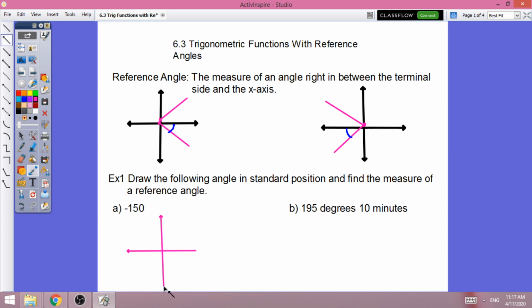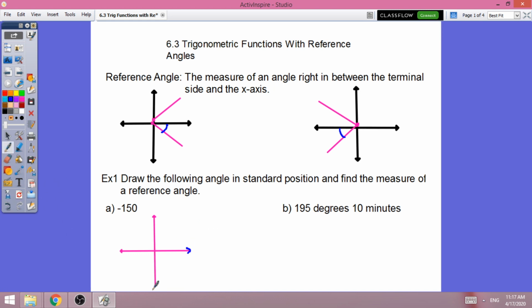Negative 150 means we're going clockwise. It goes 0, negative 90, negative 180, so negative 150 stops in quadrant 3.